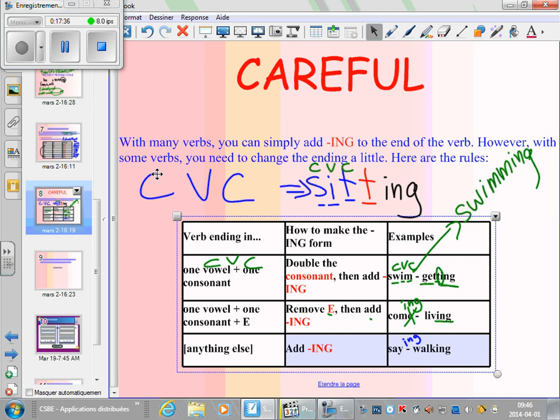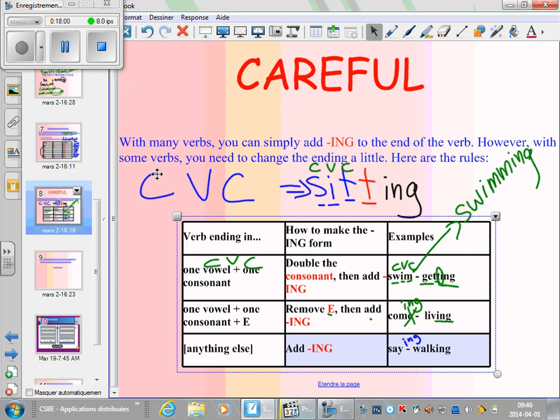Because if I remove the Y in saying, it's not going to work. The sound is going to change. It's going to give you sawing, which is weird because it's not the same thing. Okay? Same thing for walking. All right?